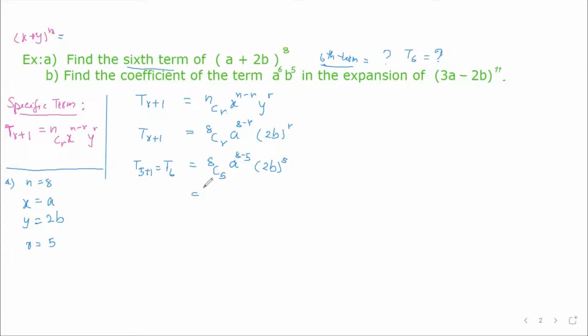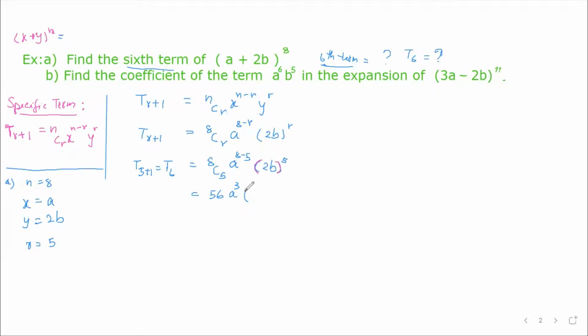8C5 equal to what? 56. Use calculator, okay? So it becomes 56. A power 8 minus 5 becomes 3. And then this one, don't forget, really important now. Here, the whole thing power 5.